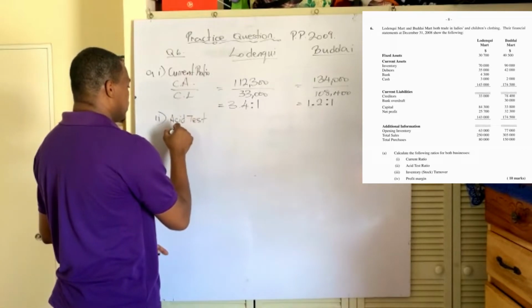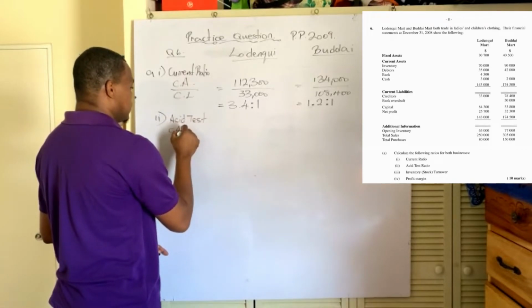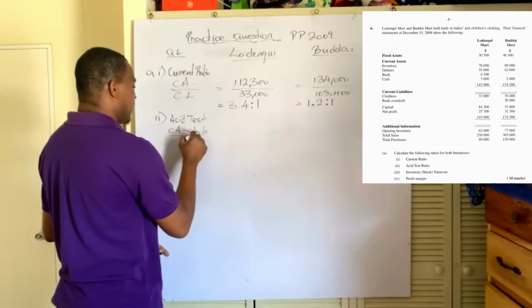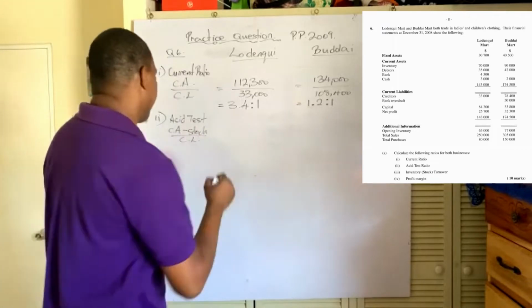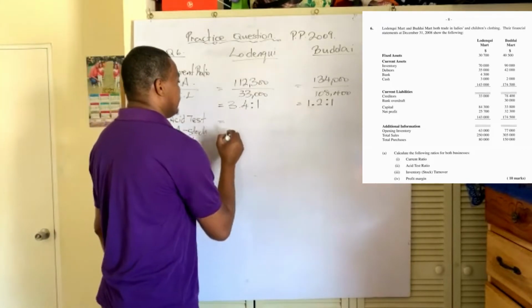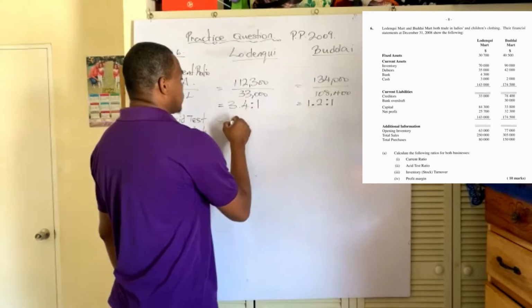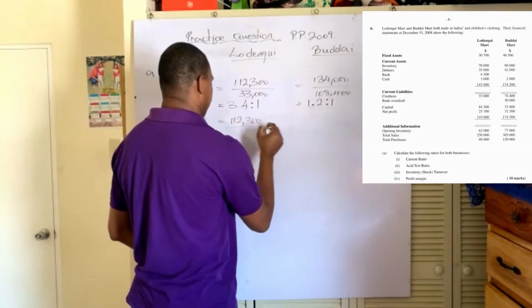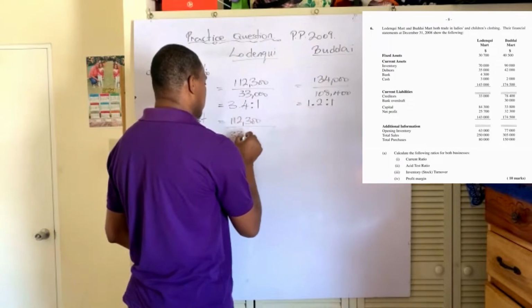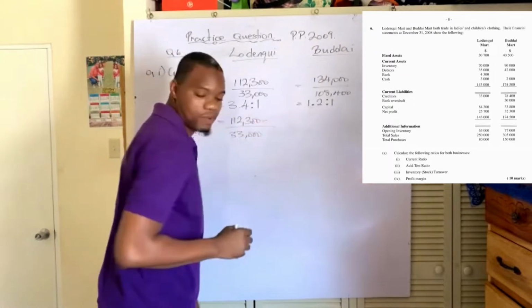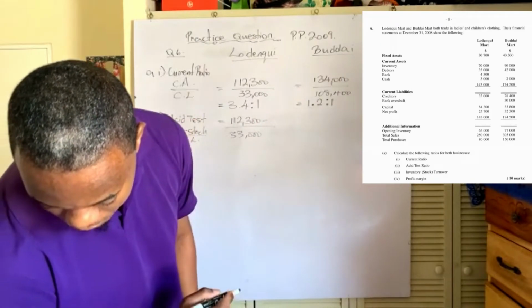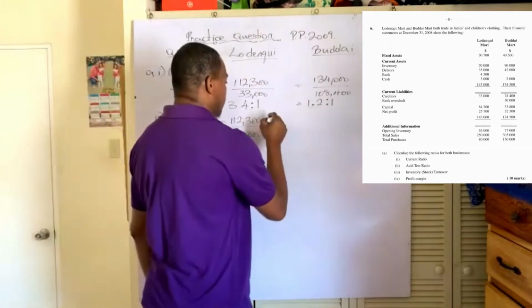So the acid test is current assets minus stock divided by current liabilities. So the acid test is 112,300 divided by 33,000. This is minus the closing stock for Lodenki, which is 70,000.